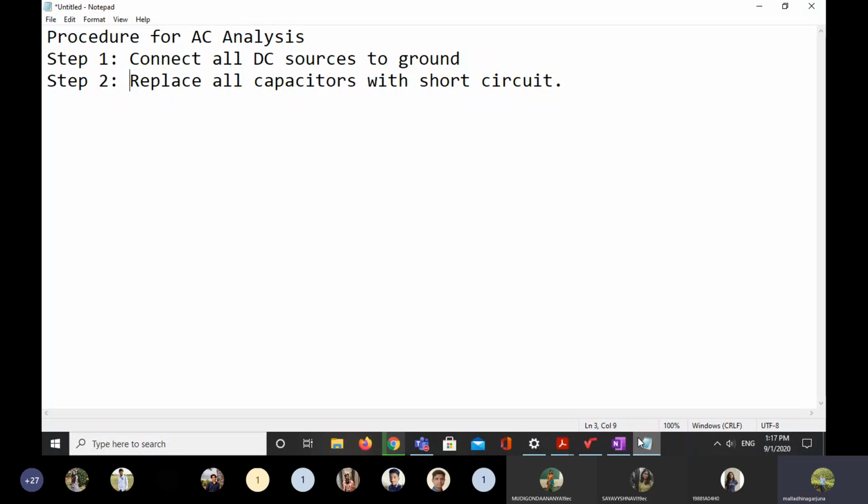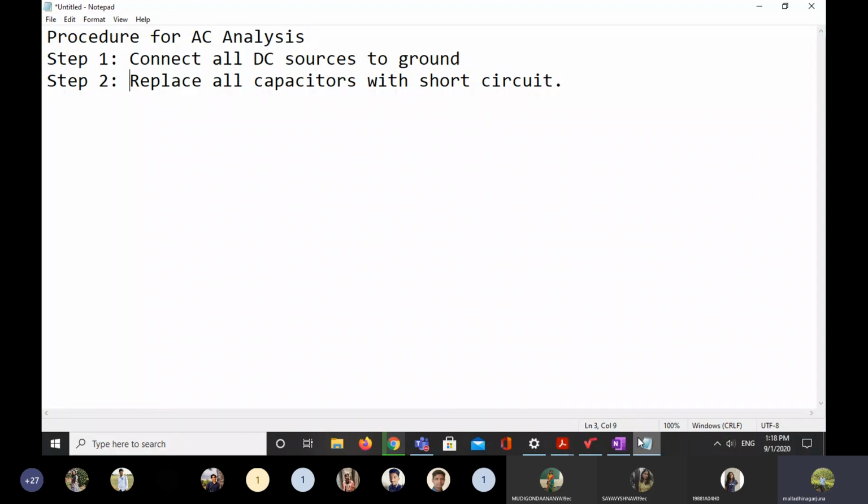If you know the estimated output, you can do modifications in the circuit to get more current gain, more voltage gain or less input impedance, depending on your requirement, by troubleshooting.